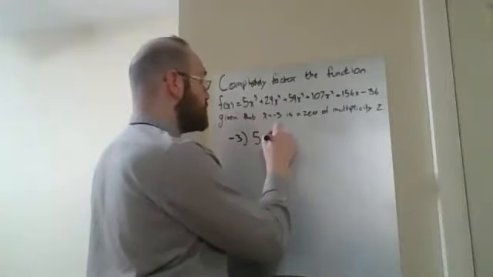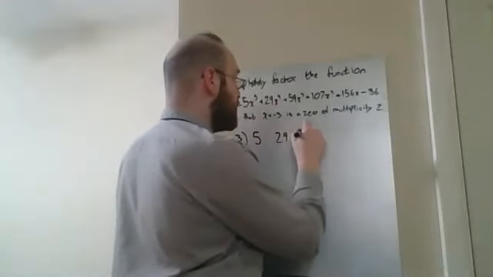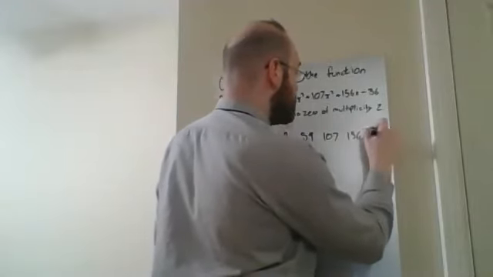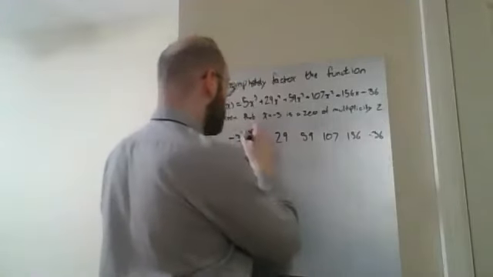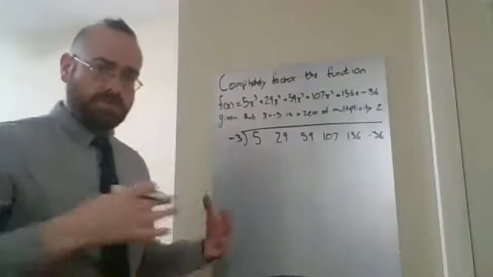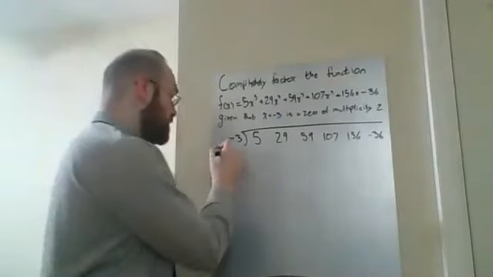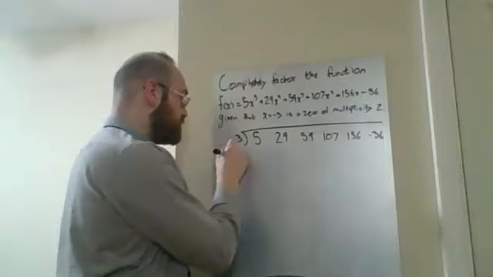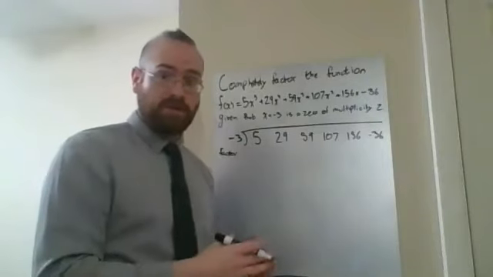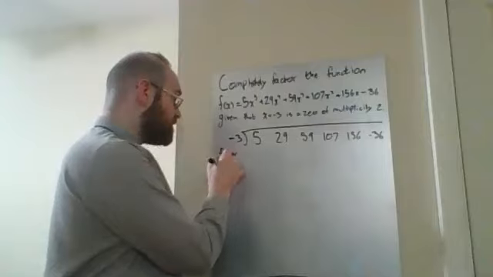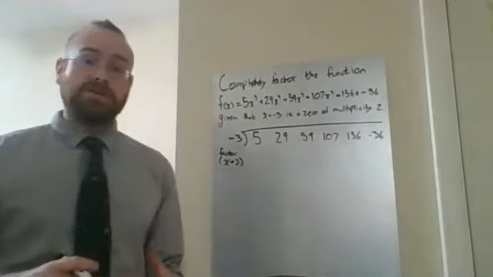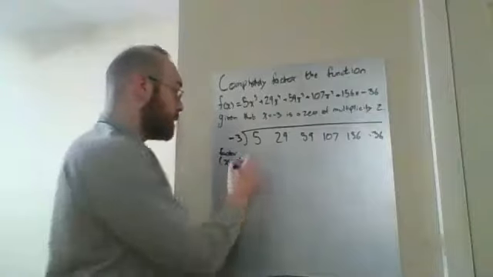And then our coefficients are 5, 29, 59, 107, 156, and -36. And now I want to say out loud that when we use synthetic division for x equals -3, that's giving us a factor of x plus 3 that will then be carried down to our final answer.